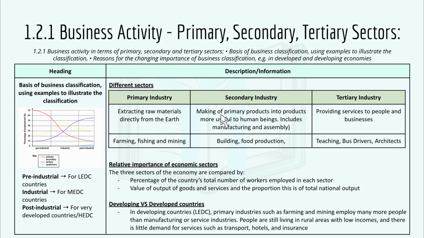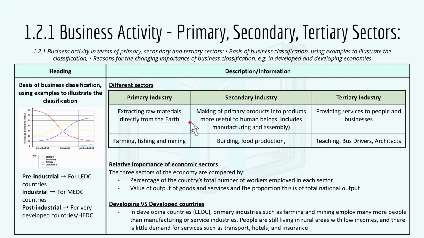But we'll move on now to 1.2.1 business activity, primary, secondary, and tertiary sectors. So here's the basis of business classification and using examples to illustrate the classification. So here are the different sectors or the industry. We have the primary industry, secondary industry, and tertiary. And primary industry is extracting raw materials directly from the earth, for example farming, fishing, and mining.